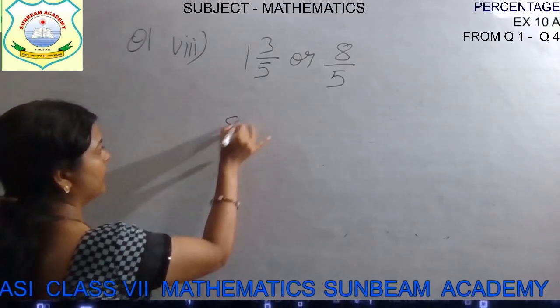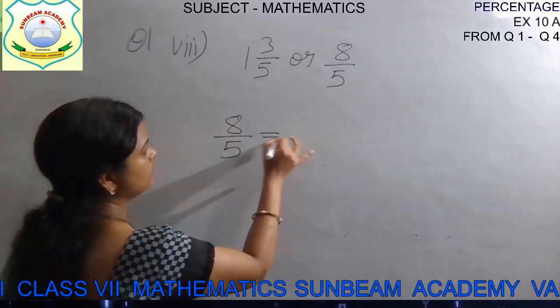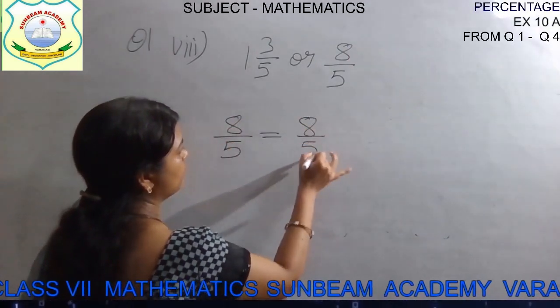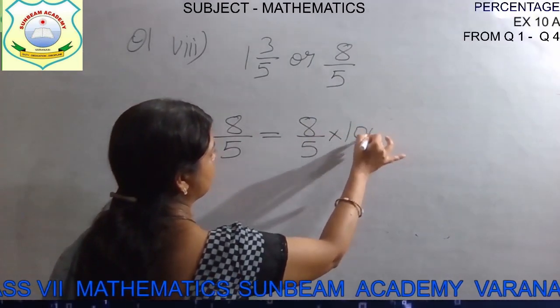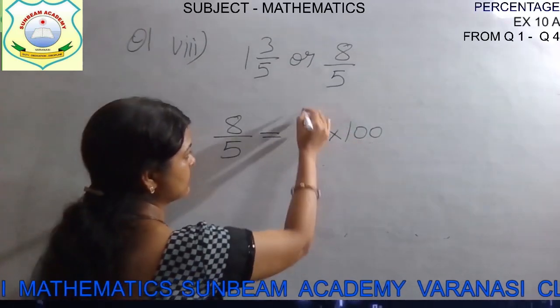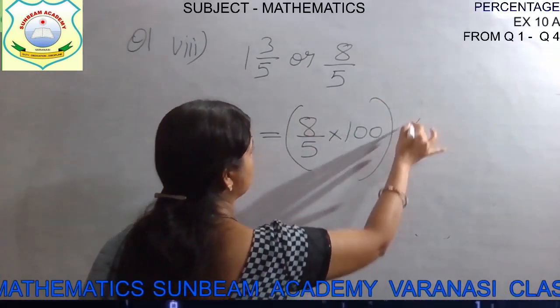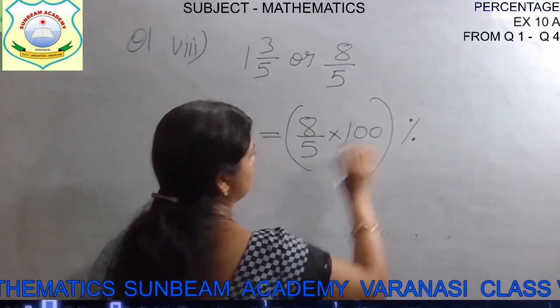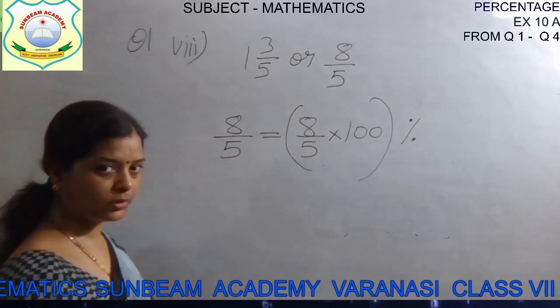Now 8 by 5, when you have to convert it into percentage, you will multiply it with 100. But once you put this 100 sign, put this percentage sign also. Then only these two will be equal.